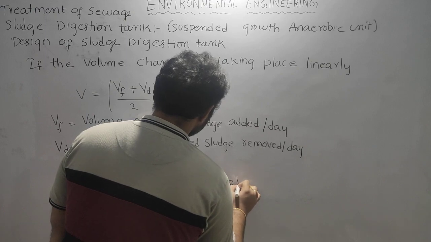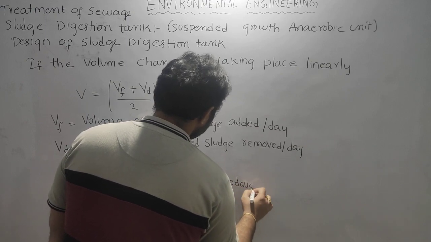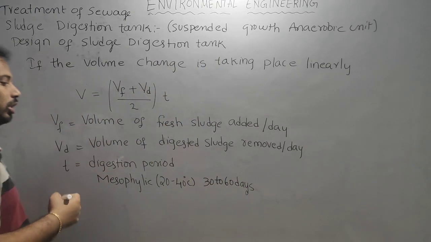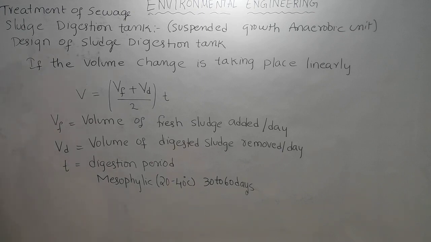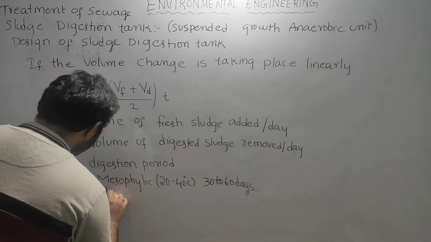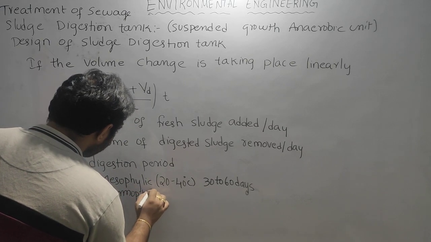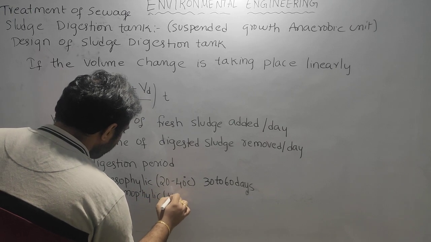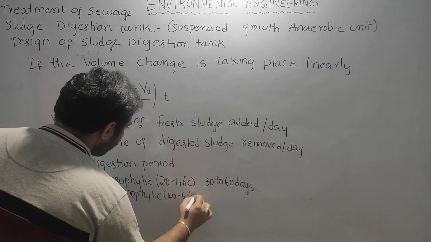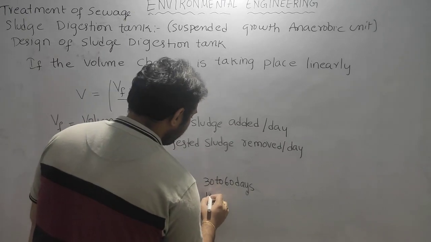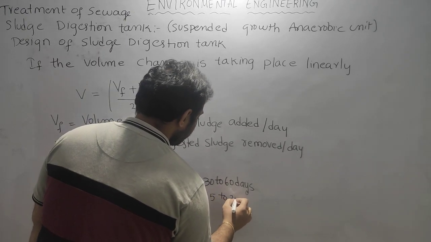The next one is thermophilic. Thermophilic microorganisms work in a range of 40 to 60 degrees. It takes in a range of 15 to 20 days.